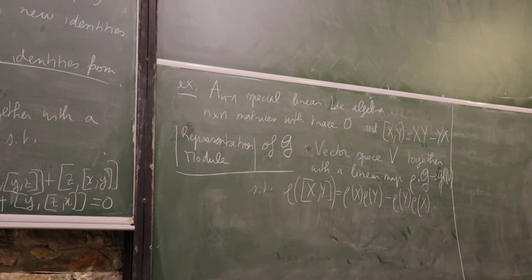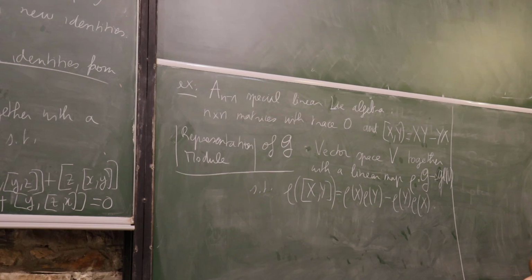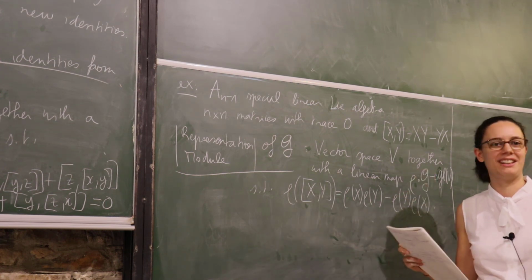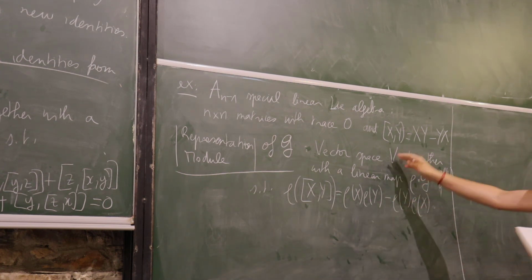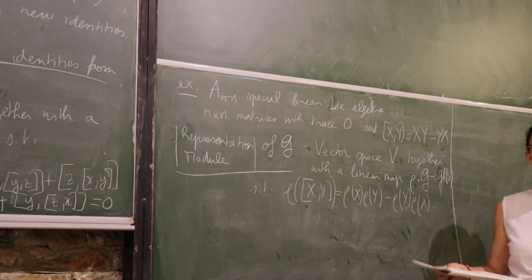Okay, so actually, if we take our example here, we could do something very trivial. We could take the identity for rho, and we could take the vector space of n by n matrices for V. That's not a super interesting representation, but that would hold, because of the definition of the Lie bracket we just gave. But usually we study Lie algebras that are a bit complicated, and in general we like to find representations that are a bit simpler algebraically than the Lie algebra we study.